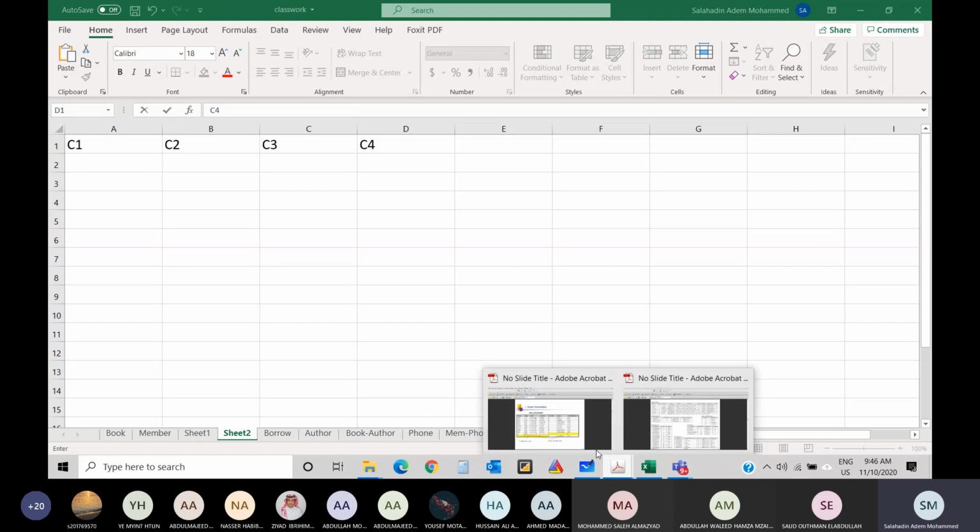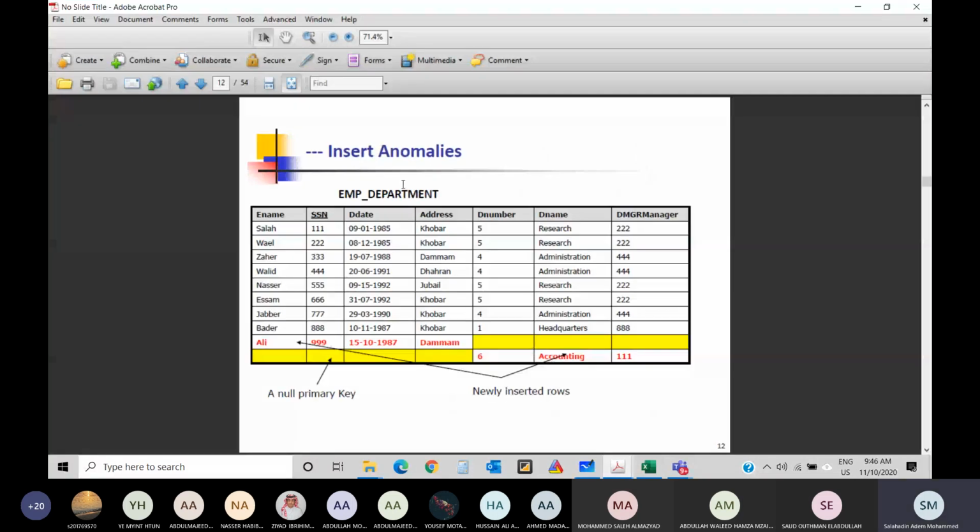Now, let me answer your question first. I think your question was between Khubar and D number. Do I have functional dependency? What I mean is the following. Each time I say Khubar here, do I have to say the same number here, or does it sometimes differ? For example, Khubar 5, it looks good. But here I have Khubar 4. So here Khubar is marked with 4, but here Khubar is marked with 5.